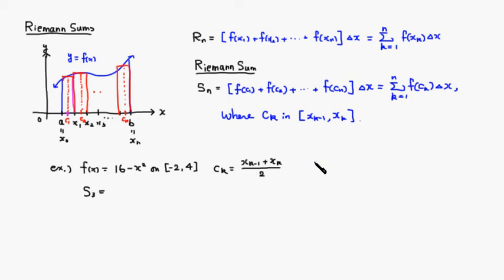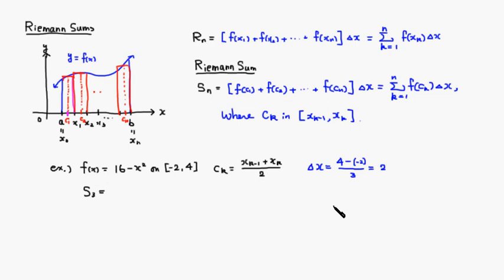Delta x is equal to b, which is 4, minus a, which is -2, divided by the number of intervals, in this case 3. So that's 6 over 3, which is 2.